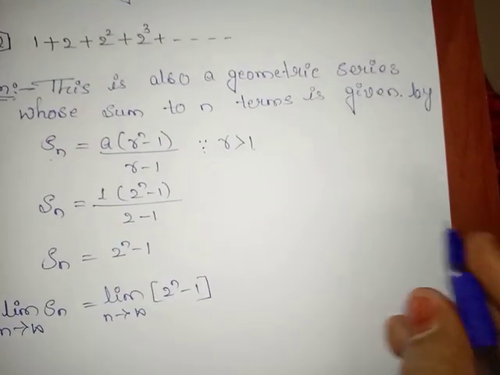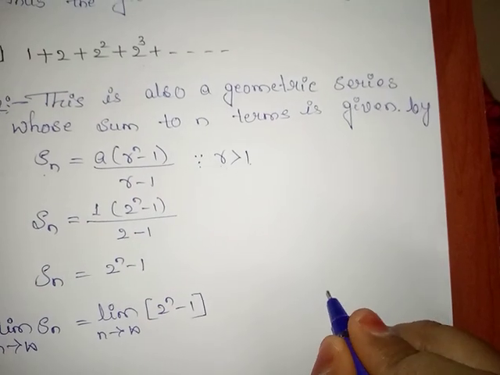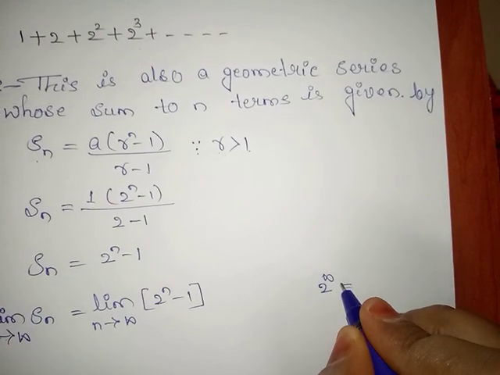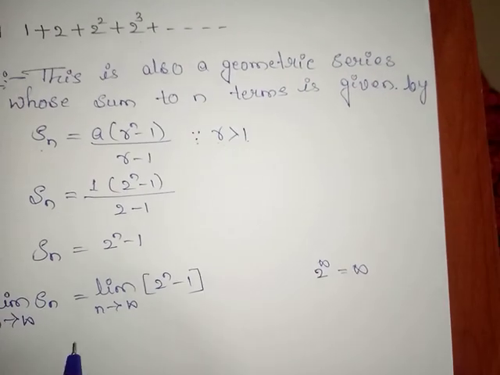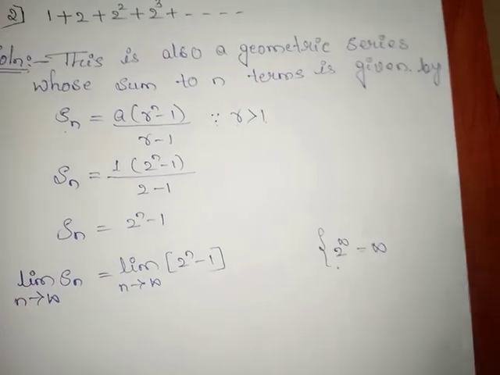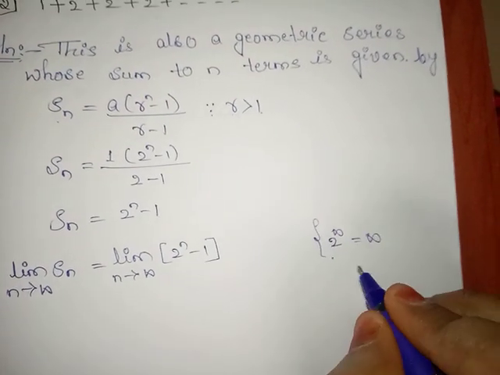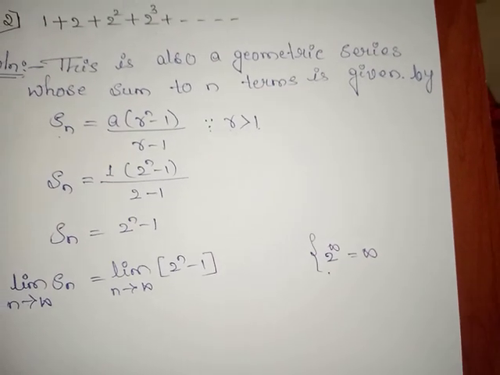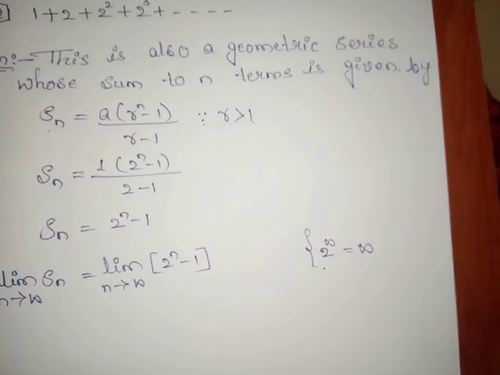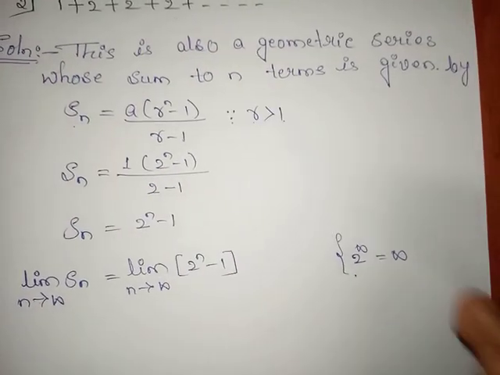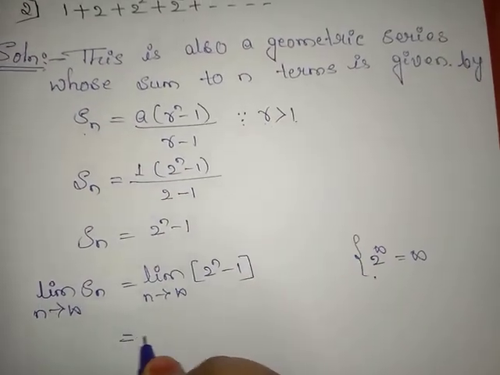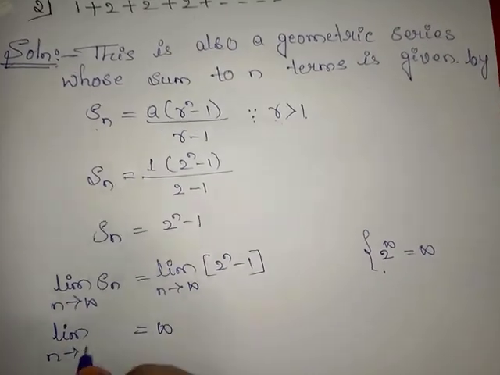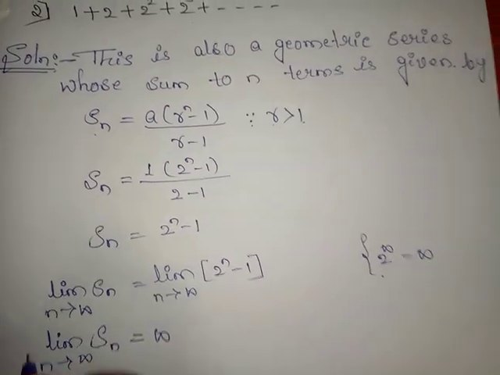As I said in the earlier example, anything raised to infinity is infinity. 2 raised to infinity is infinity, and anything minus infinity means when we subtract any number from infinity, we will get again infinity. Therefore, limit n tends to infinity, Sn is equal to infinity.